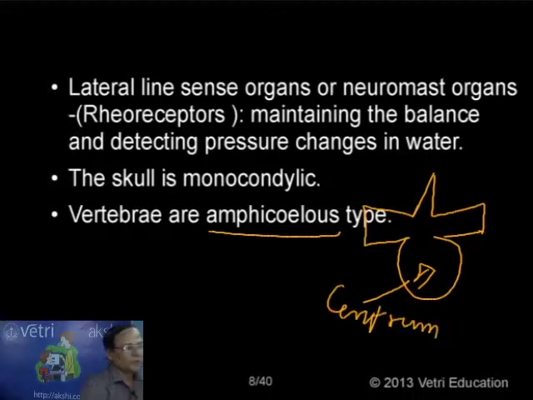What you are observing at the back, the small nodule-like structure, is the centrum, the body of the vertebra. Based on the shape of the vertebra and the presence of cavity, we can say it is procoelous, acoelous, heterocoelous or amphicoelous. Here the coelus refers to a cavity.